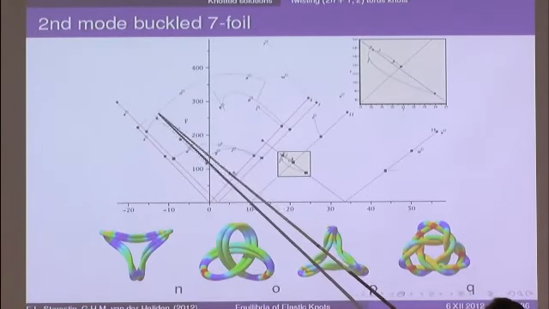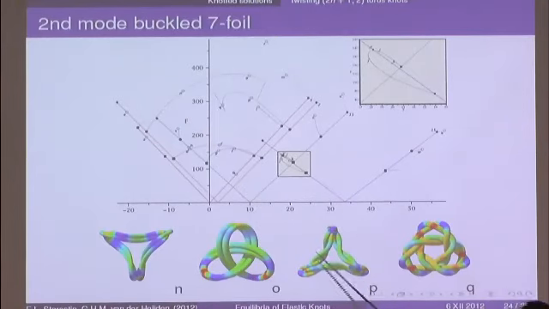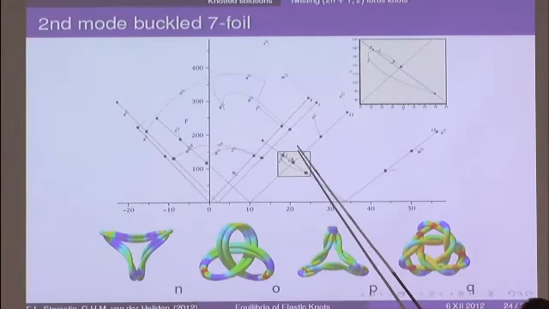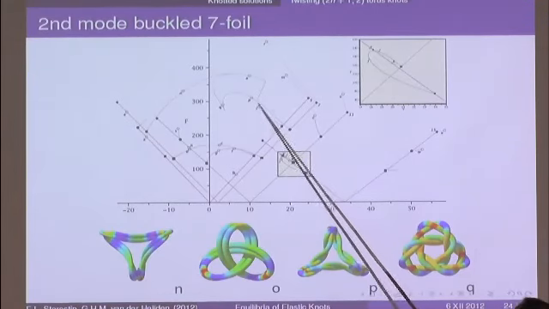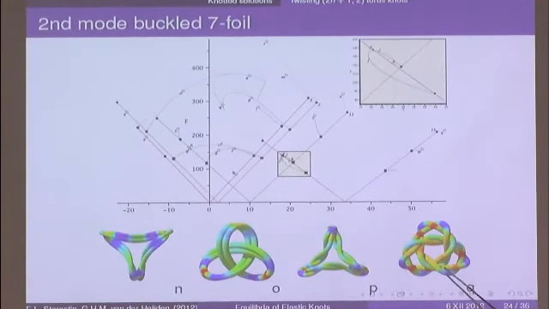Here, if we move in this direction, and if we consider over-twisted septafoil, it becomes cable trefoil, but as you see, with different chirality, different handedness.